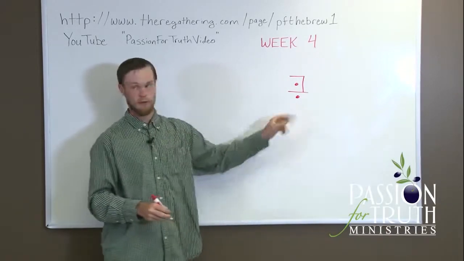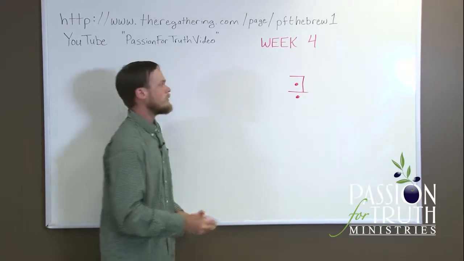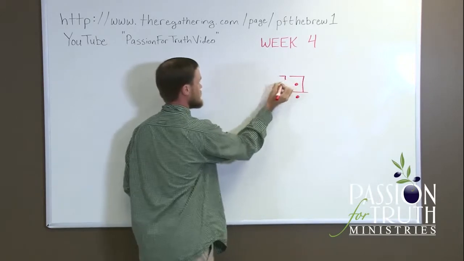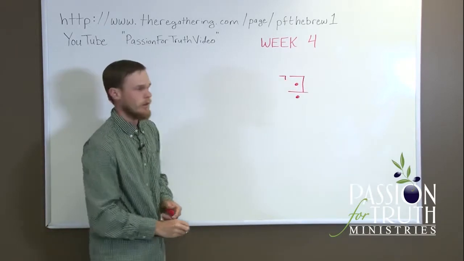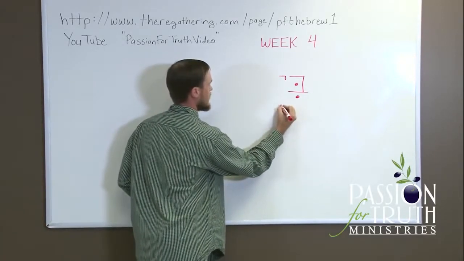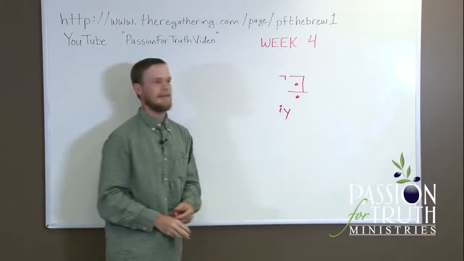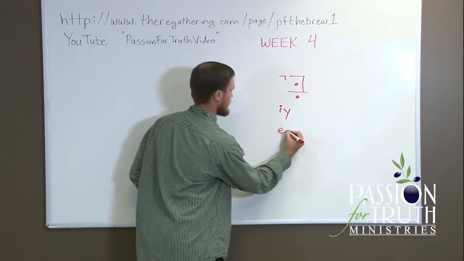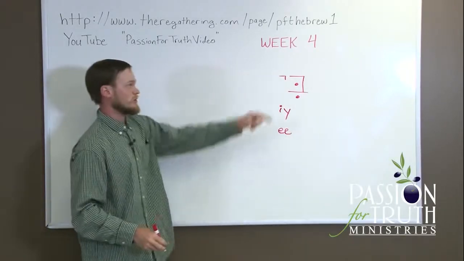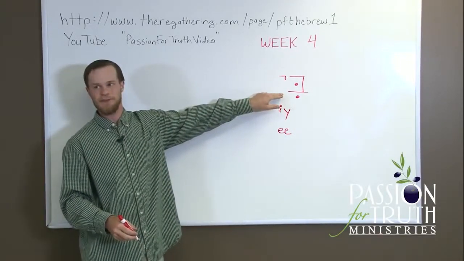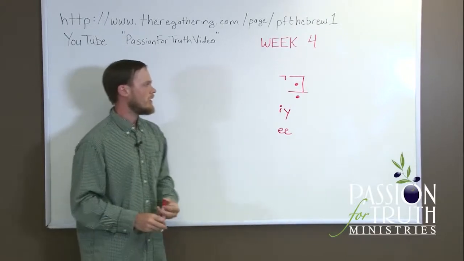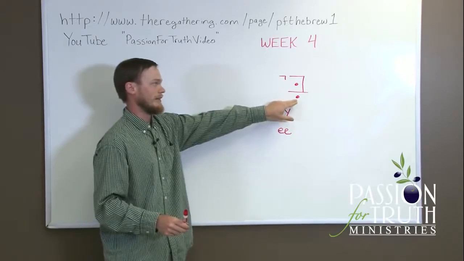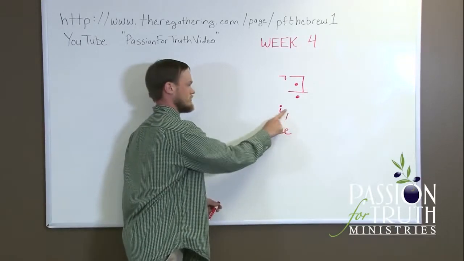Okay, because the chirik makes the sound of short I. If we follow the chirik vowel with a yod, then this becomes another diphthong. The short I combines with the Y of the yod, ih-ee, and when you pronounce that quickly and run them together, it's pronounced ee. Okay, so this is pronounced bee. This is not a word. Okay, but chirik followed by yod makes long E, whereas a chirik all by itself is a short I.